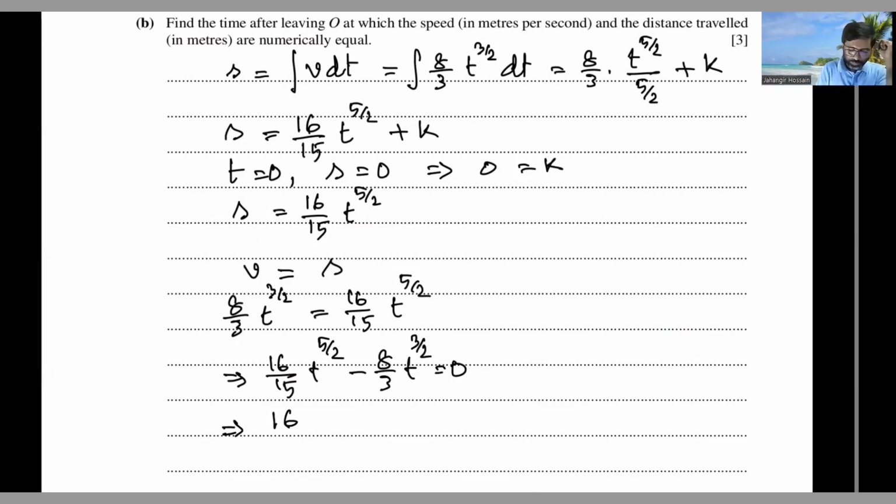We take 16 by 15 and t to the power 3 by 2 common. We have here t to the power 5 by 2 minus 3 by 2, that's t to the power 1, minus 8 by 3 divided by 16 by 15, that is 8 divided by 3 divided by 16 by 15, we have 5 by 2.